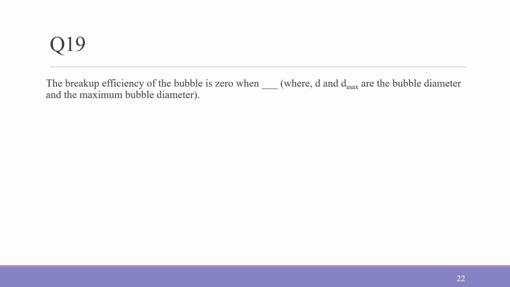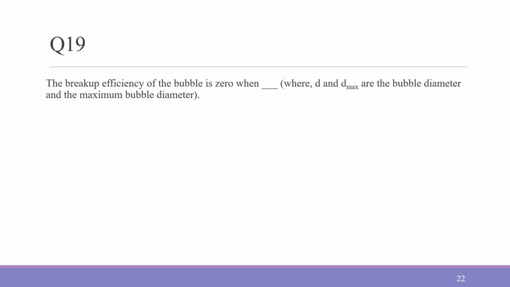Can you guess actually? It is very simple. Here d is the diameter of the bubble and d max is the maximum diameter of the bubble. So when does bubble breakup occur? Mostly when it reaches the maximum bubble size, and then it disrupts, leading to smaller bubble formation.